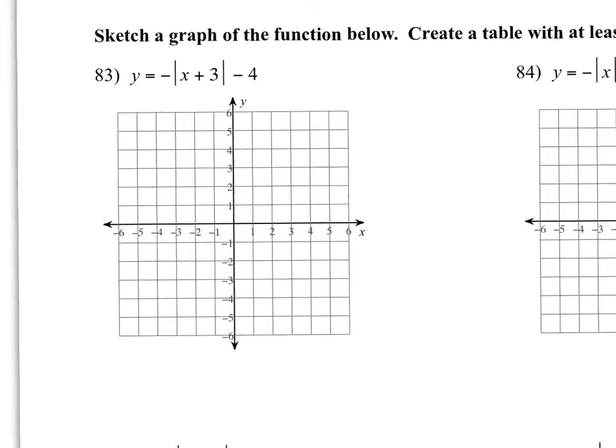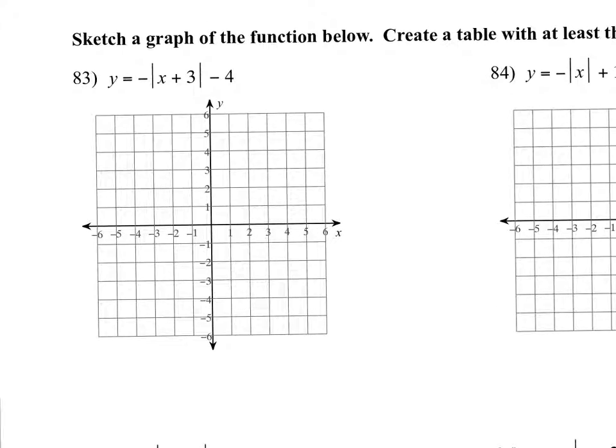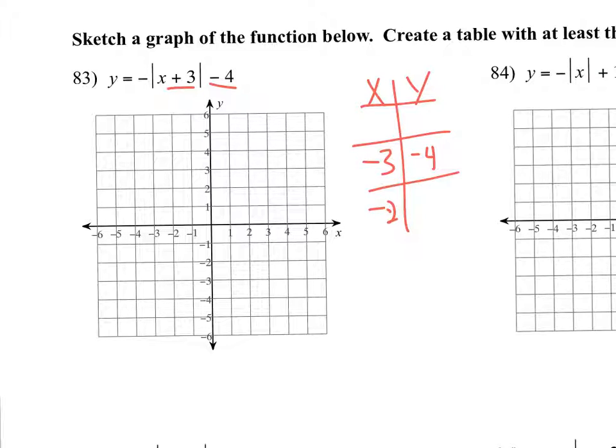Okay, next up we've got to sketch a graph, and you're also asked to create a table. First thing I'm going to do is find the vertex, so that's going to be at negative 3 comma negative 4. I'm going to make that the middle of my table. I'm going to go up 1 on either side to get to negative 2 and negative 4.